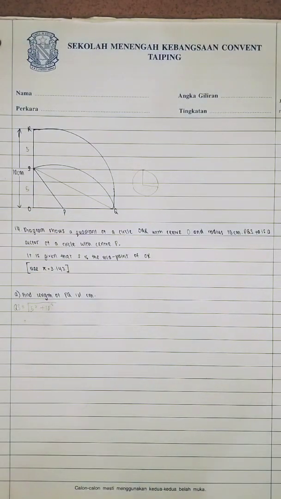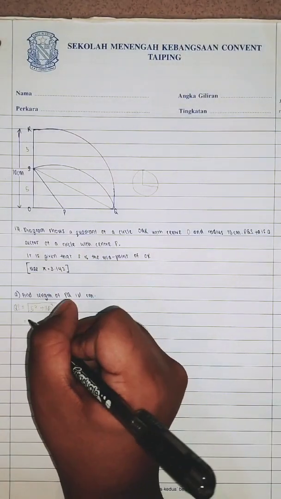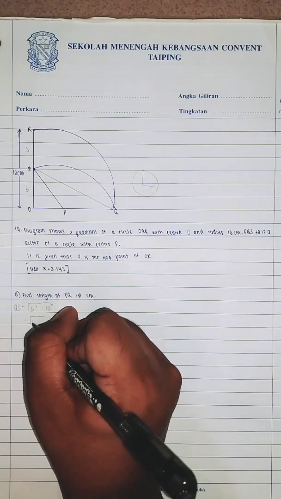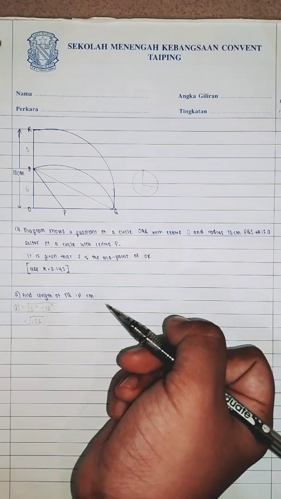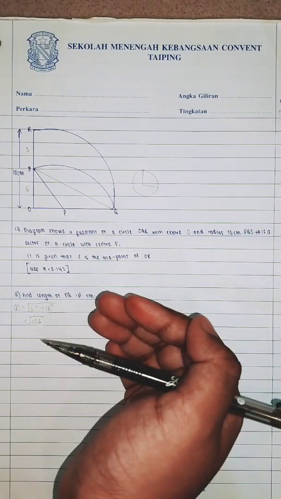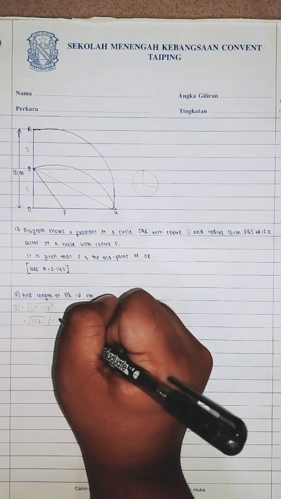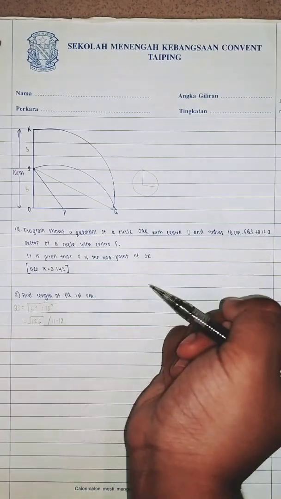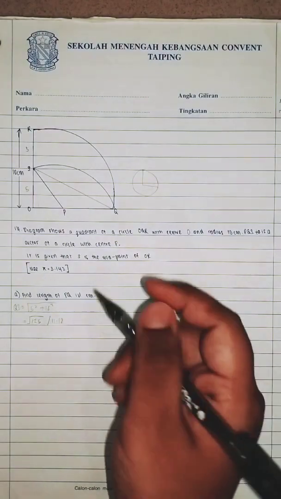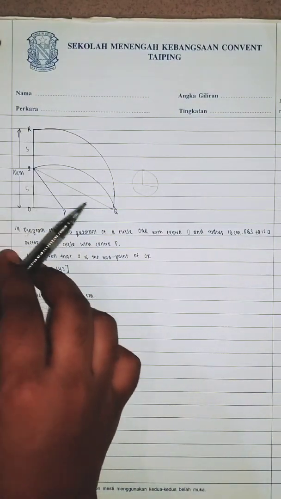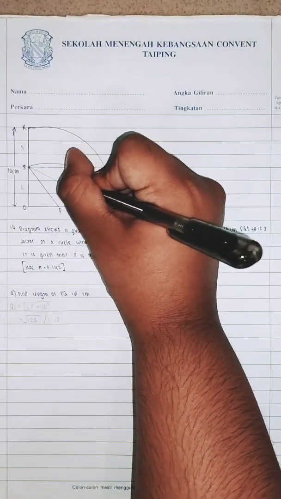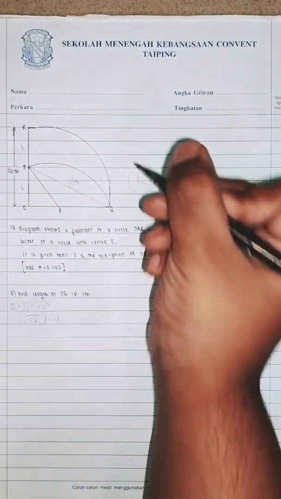I would get square root 125. You could solve this question using square root 125, or else you could also use the value 11.18. Now we have found the length of QS, that is square root 125.